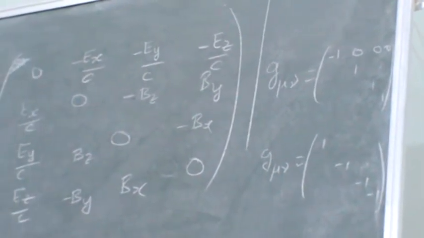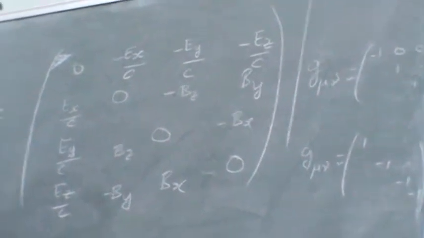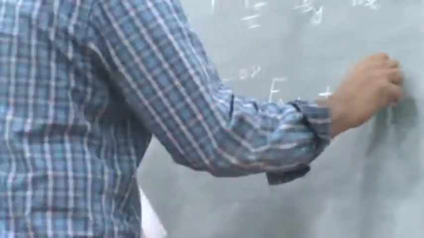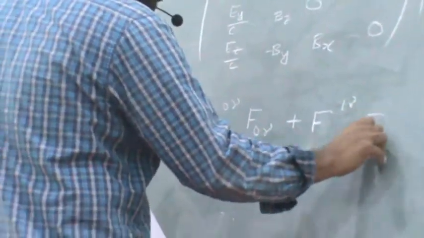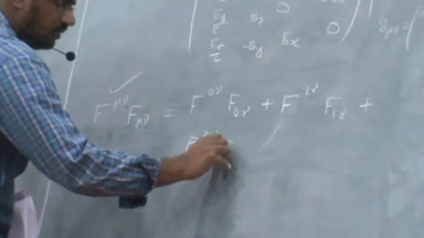First keep mu fixed and expand mu. So this is F 0 mu, F 1 mu, and this is F 2 mu.